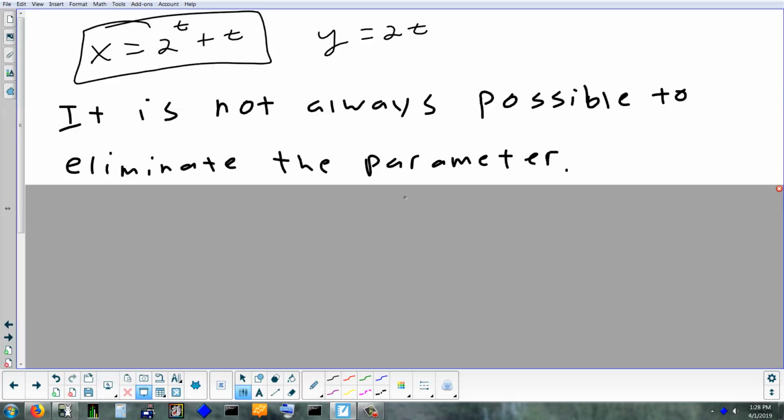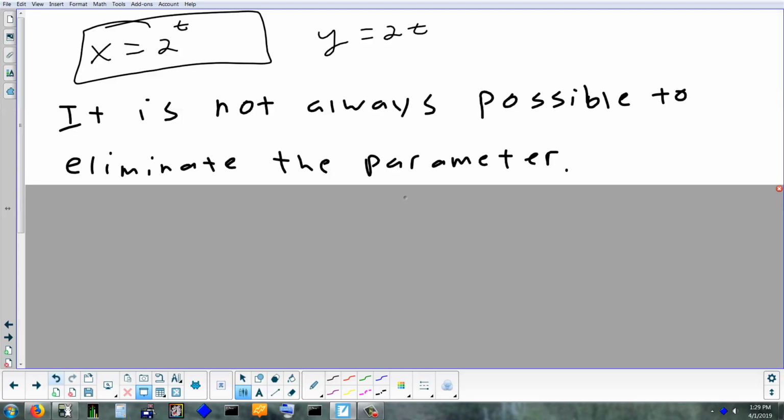The problem is you've got a t as an exponent and a t as a term. If you got rid of one of those t's, it would be easy. Get rid of that, x minus 2 equals t. Simple. Get rid of that, and now all you'd have to do is a logarithm. We talked about how to change from exponential form to log form. It would be t equals log base 2 of x.